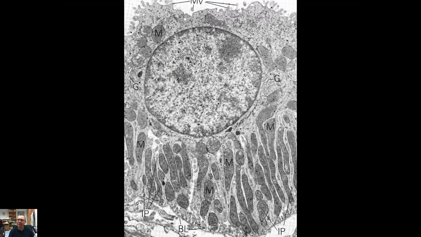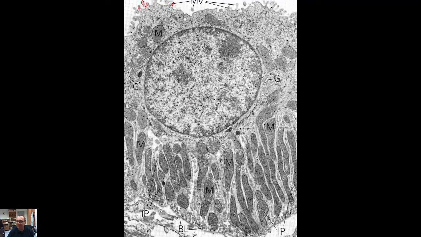Electron microscopy of the distal tubule cell doesn't show brush border. It is important. The cells here have some microvilli. You can see some short scattered microvilli, but they are not so many and not so long to form a brush border.